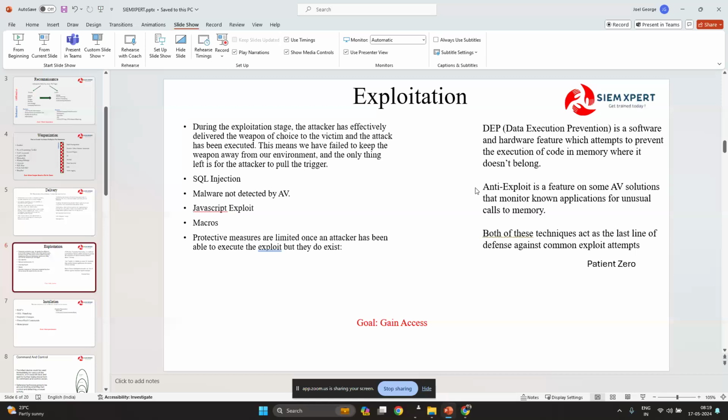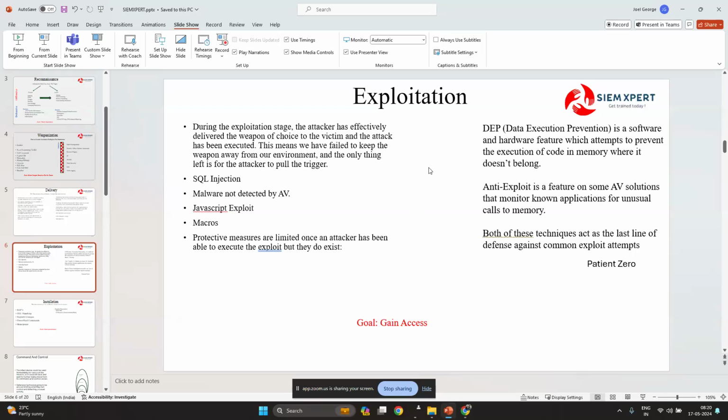That is where IPS and IDS also come in. So patient zero is basically the first victim which was compromised, or let's say an attacker sends a malware across. The first occurrence in an infrastructure is termed patient zero, because that's where it was found first.